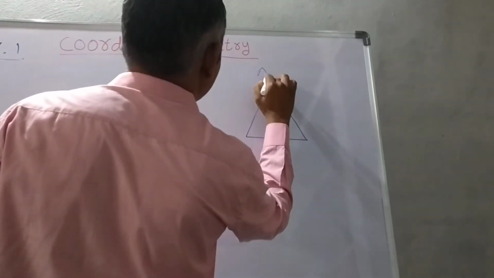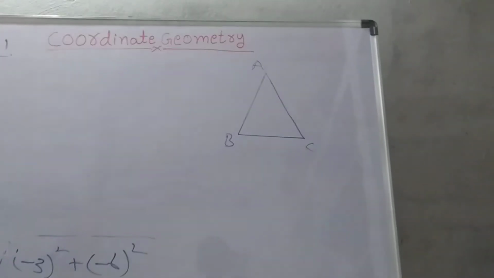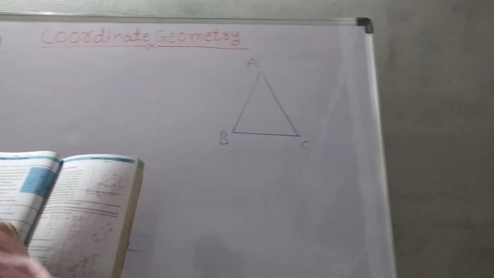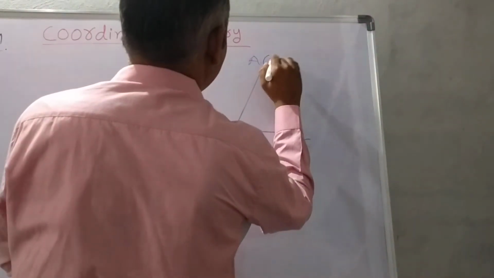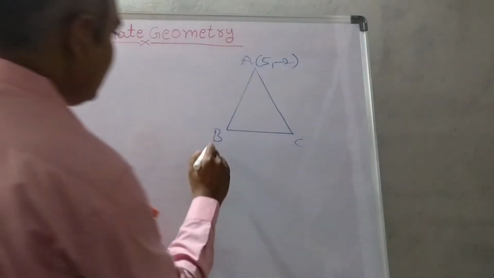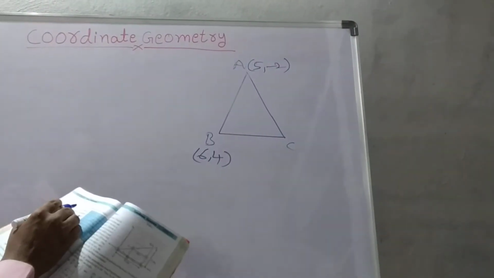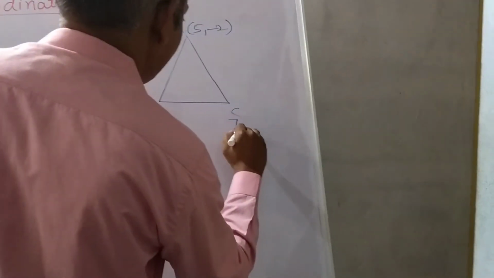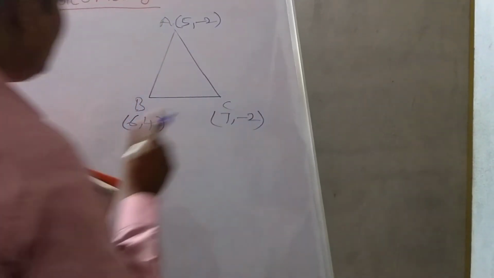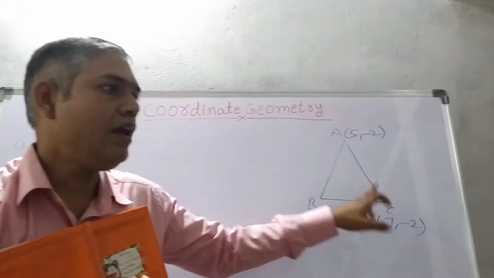This is triangle ABC. The given points are (5, -2), (6, 4), (7, -2). The question is, check whether the given points A, B, C are vertices of an isosceles triangle.